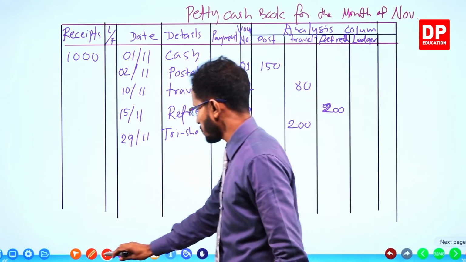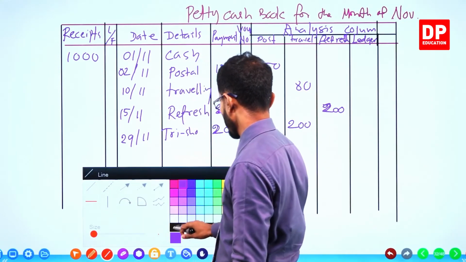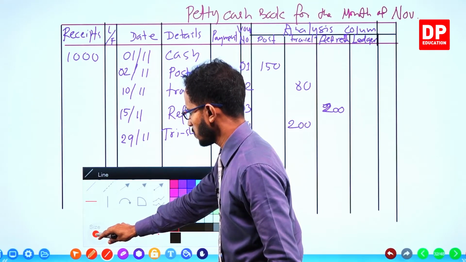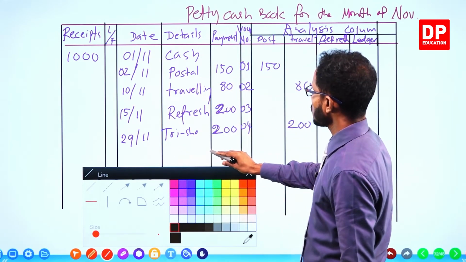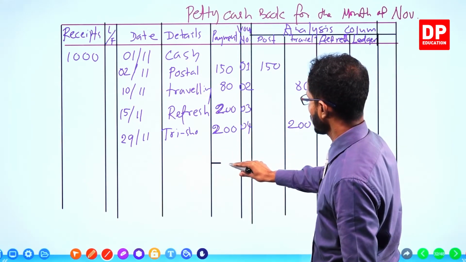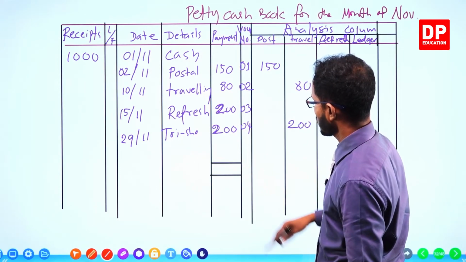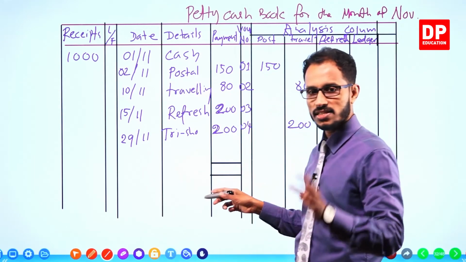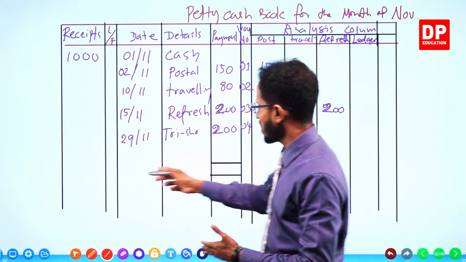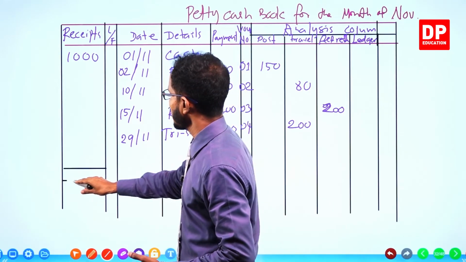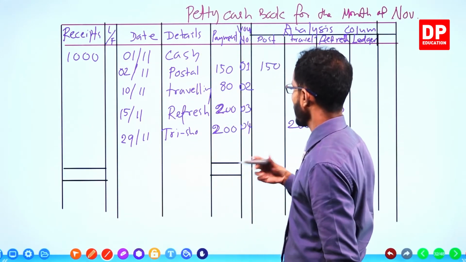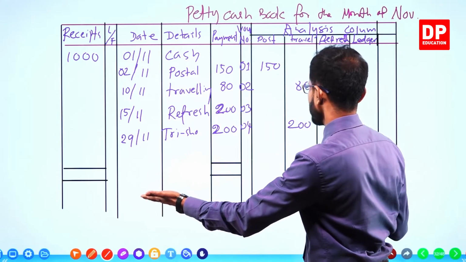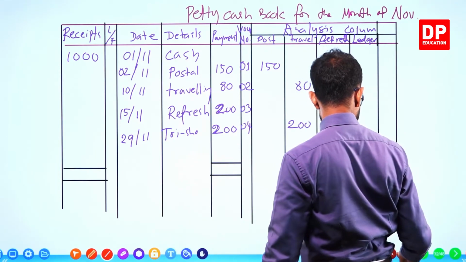We have enough space. That's good. Here, draw your boxes, or sum boxes, I call it the sum box, on the same level in the receipts column and in the payments column. Now check which column has the higher total.